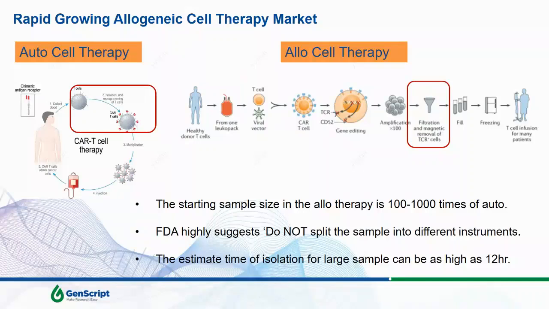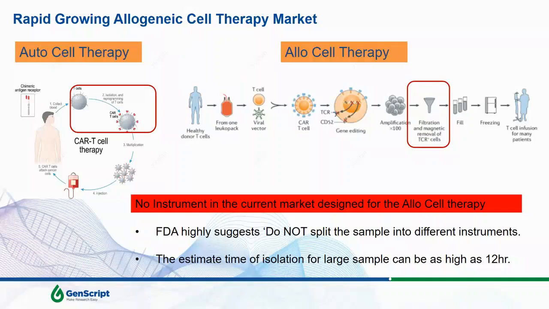But for the allo, the total cells before the TCR alpha beta depletion is around 10^11 or even 10^12. We know the current isolation instruments can only process the amount of cells for auto. So there's no instrument in the current market designed for allogeneic cell therapy.